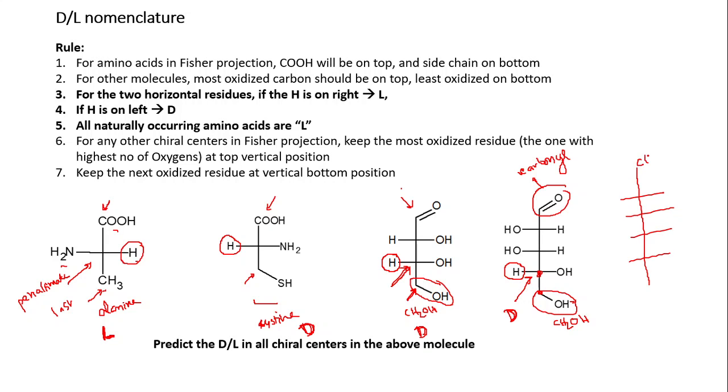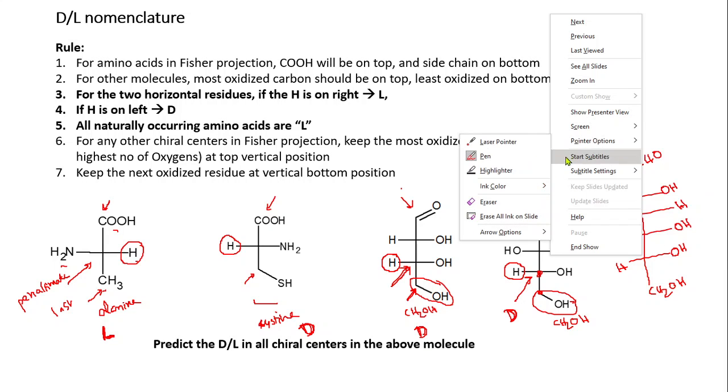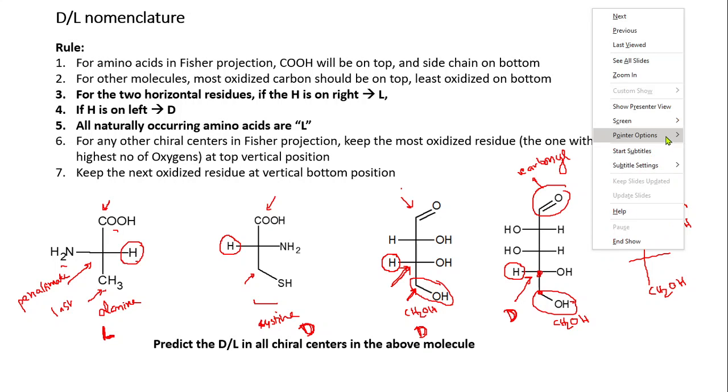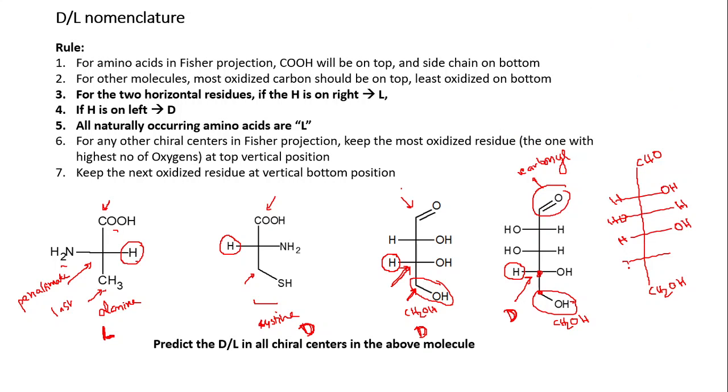Say I draw glucose. CHO is the most oxidized carbon, CH2OH is the least oxidized carbon. So H, OH, H, OH, OH, H, OH, H. Now I reverse the last one and draw it again, with OH and H in the reverse position.